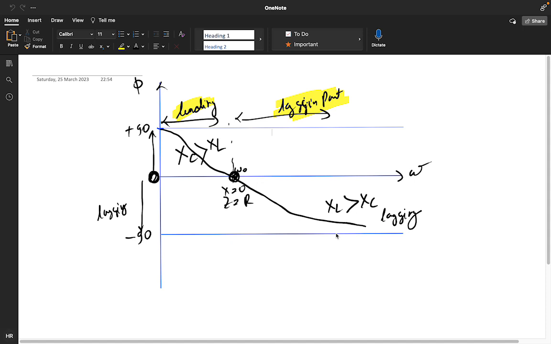Is this clear? Yes, sir. Okay. So we had discussed resonance. Now we are moving forward. We have to take some definitions. Some definitions were left yesterday, so I will give you some definitions. Just write them down in a notebook.